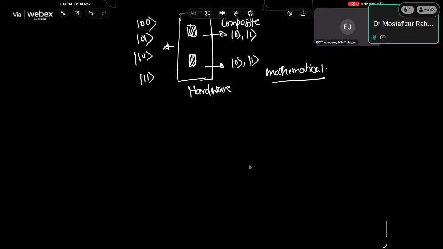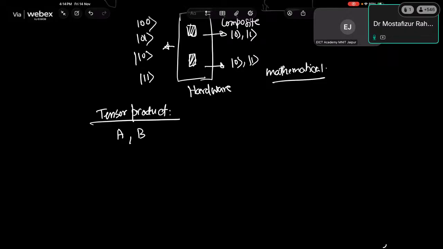In mathematics, we denote this by the mathematical operation called the tensor product, and this is defined for vectors, matrices, or any general tensor quantities. So suppose you have two matrices in general, say A and B.